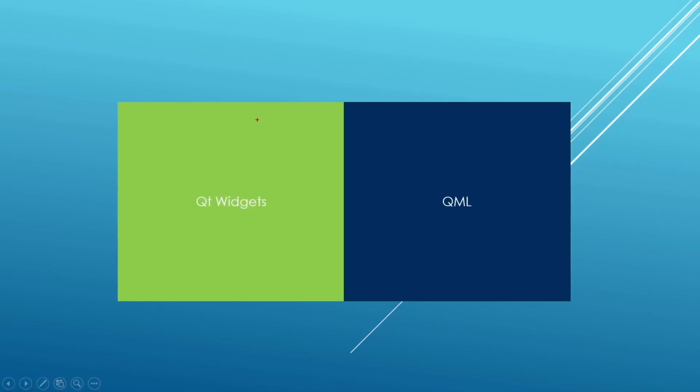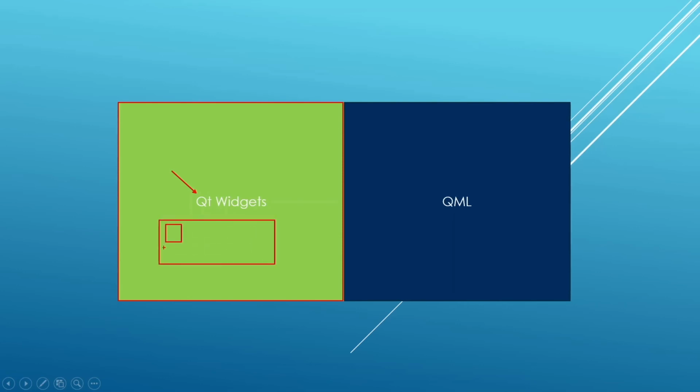Okay, one thing I want you to know is that there are two APIs when it comes to developing Qt applications. There is the Qt Widgets API, which provides components you can use to build graphical user interfaces for desktop. This is mainly targeted for desktop platforms, mainly Windows, Linux, and Mac.